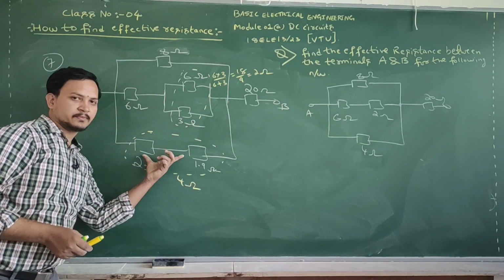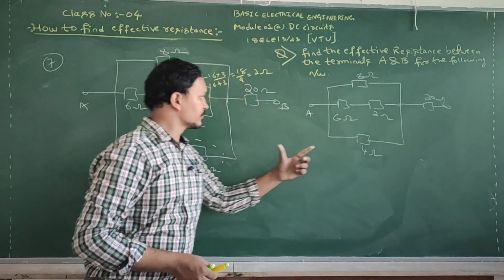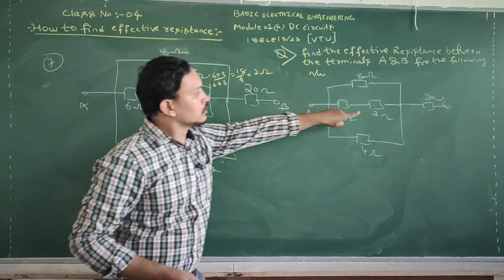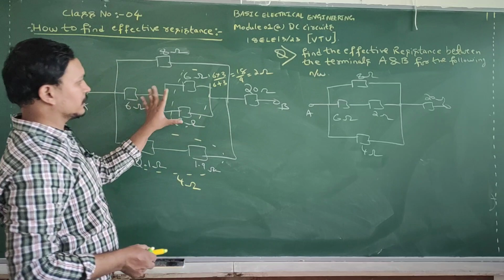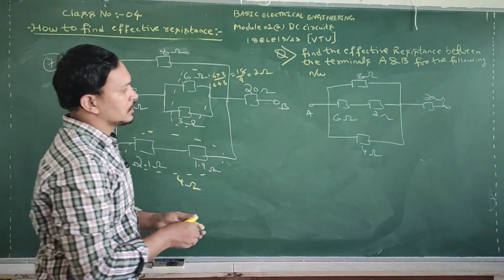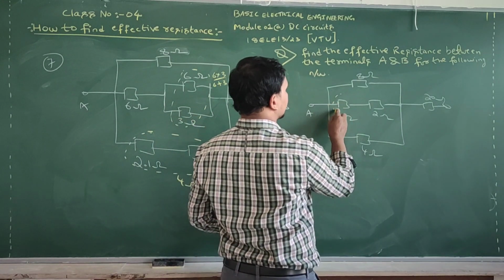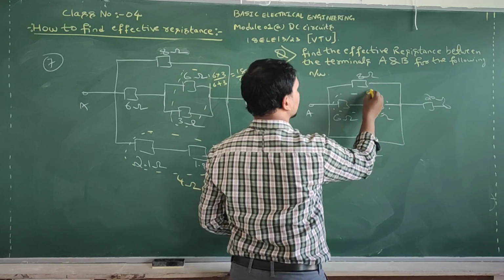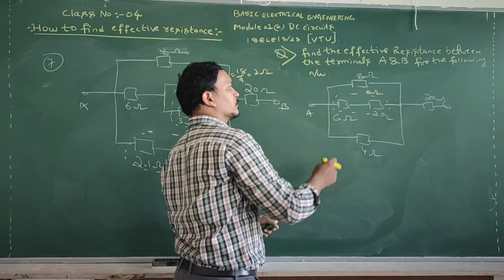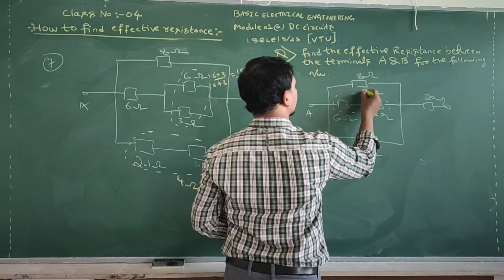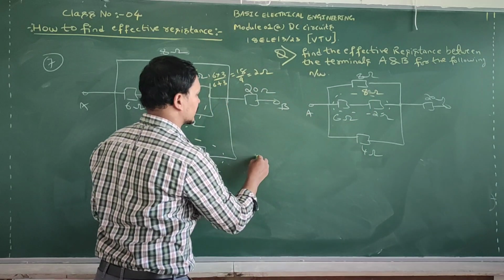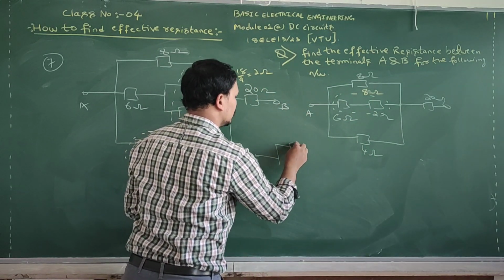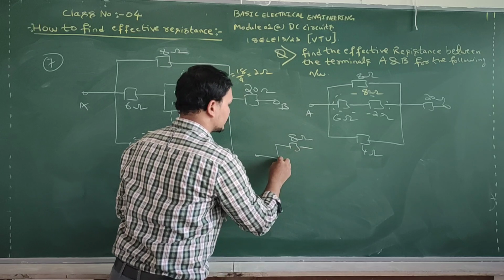This is reduced to 4 ohms. This is reduced to 2 ohms. Then I rewrite the network. Now 6 and 2 in series is 8 ohm. Okay. So this is 8 ohms. Now draw the network once again. 8 ohms.